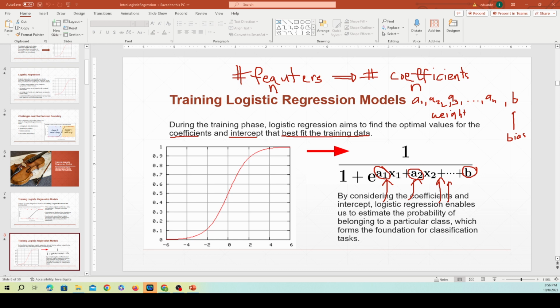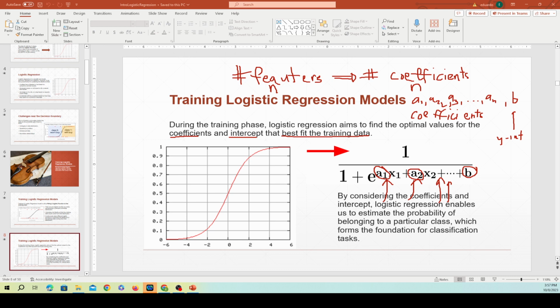Maybe in some books, or some people might reference them as weight values and bias values. But right now, we're just going to call them coefficients and y-intercept. So this is going to be your coefficients. And this is going to be your y-intercept.